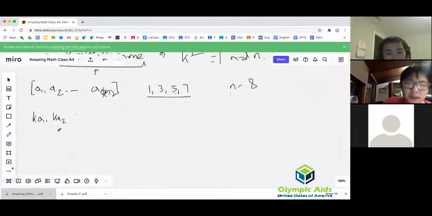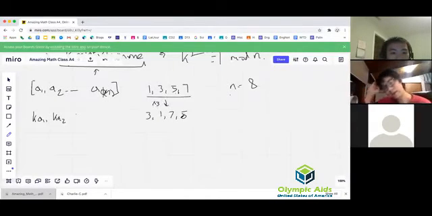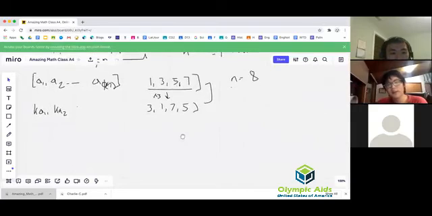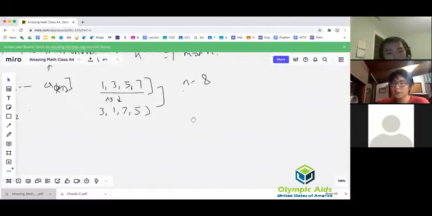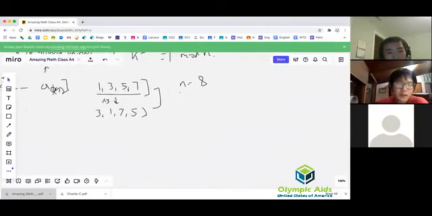Let's say we want k to be 3. You multiply everything here by 3, then you'll have 3, 1, 7, 5, mod 8. And we notice that this set happens to be exactly the same as this set. So I claim that this will always be true, no matter what you choose for n and k.